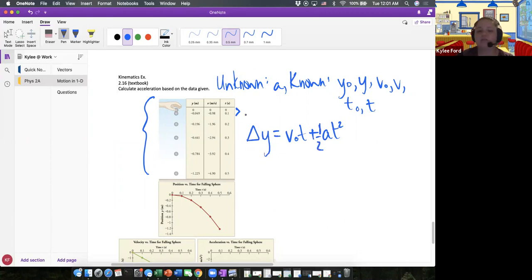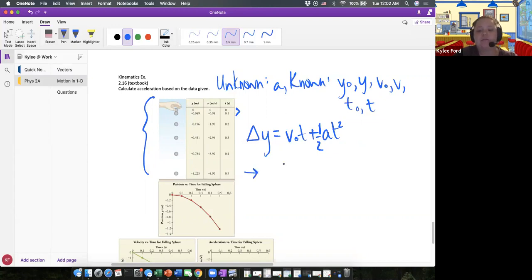Okay, so I can do this a couple of ways. The first way is I can plug all of my numbers in and then solve for A, or I can solve for A algebraically and then plug all my numbers in. That's the way I prefer to do it, so that's what I will show you.